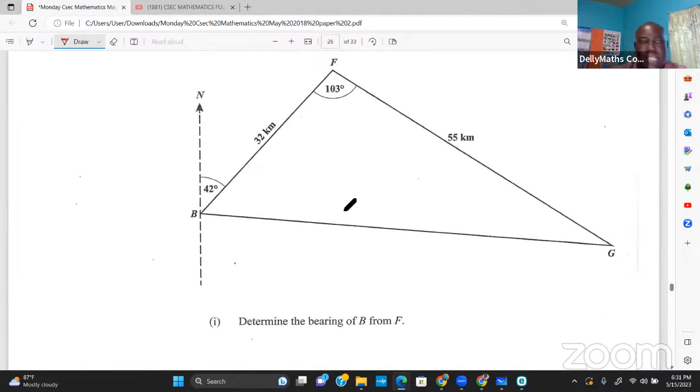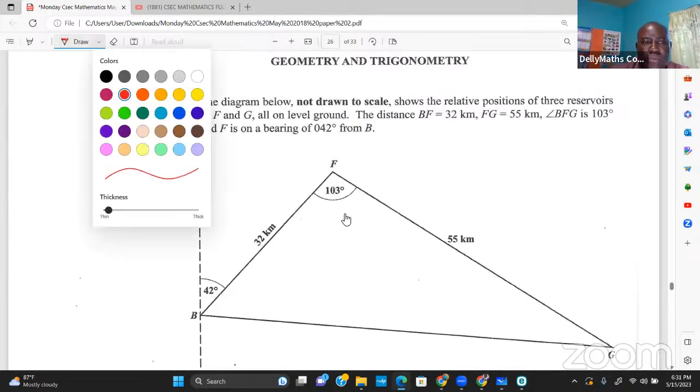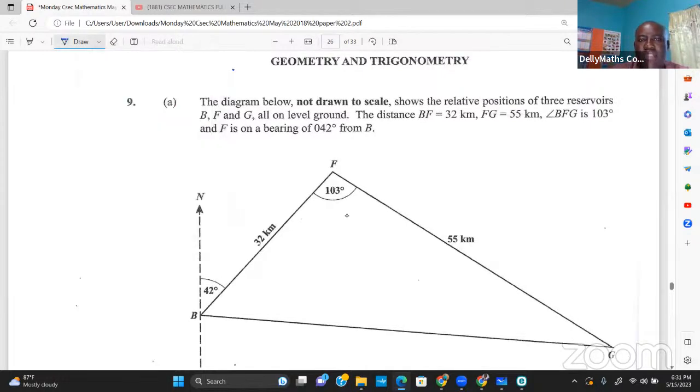Let's see the first question. The first question says here, determine the bearing of B from F. Determine the bearing of B, but from F. Normally, when we get these questions, what I want us to do, let us go at F. So it's from F. You could go at F and you want to drop your north line here.